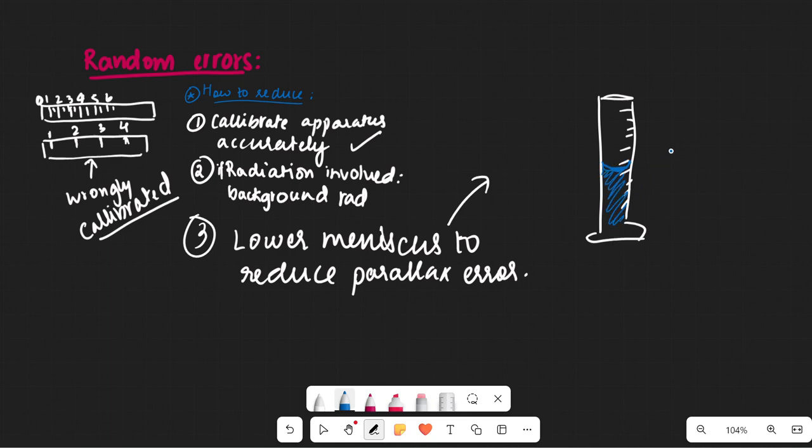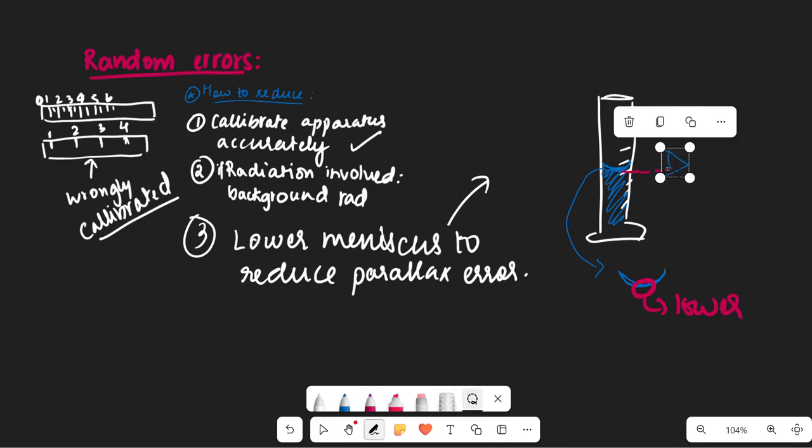You need to make sure that you keep your eye at the same level as the lower meniscus. The lower meniscus is basically this part of the water. So you need to get the lower meniscus to your eye level. You can see here, this is not at eye level. The reading here would be, for example, if this is 5 and 4, this would be 4. So lower meniscus to reduce parallax error.